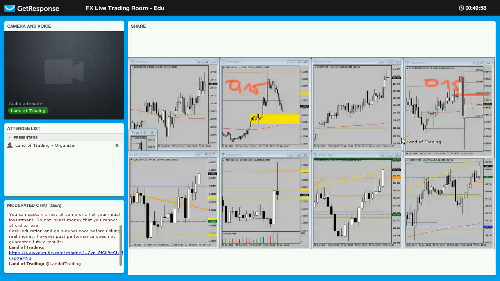And on euro pound, I'm going to sell at 89.28 with a stop 2 pips above. I mean, a bit plus, so you need to add the spread, right? All right, guys.